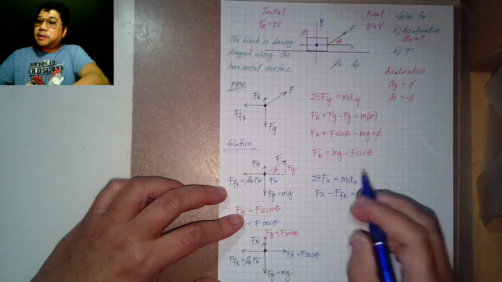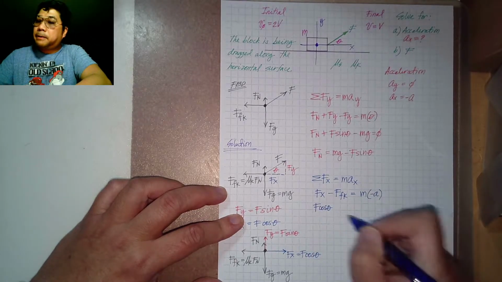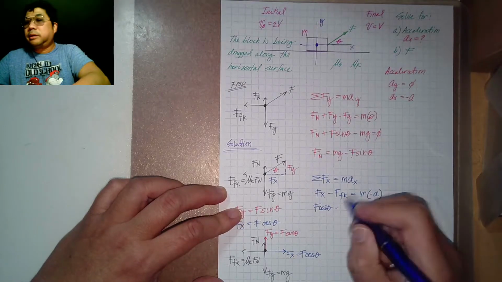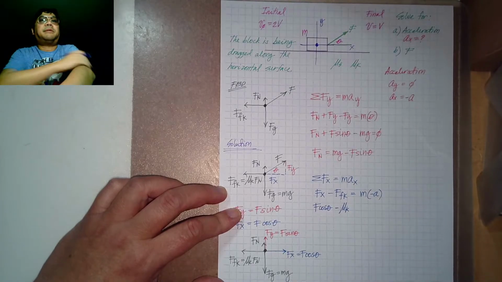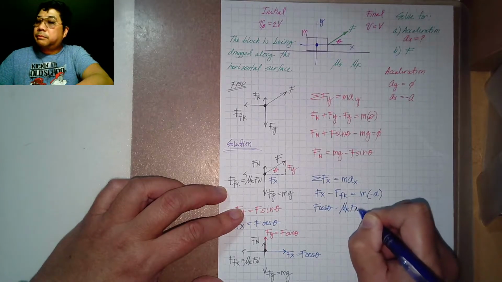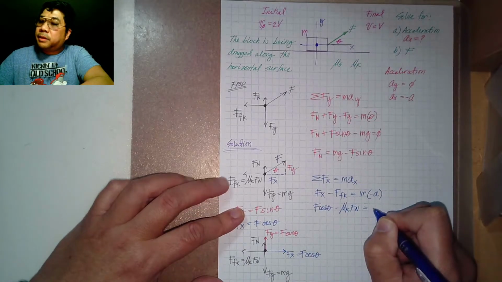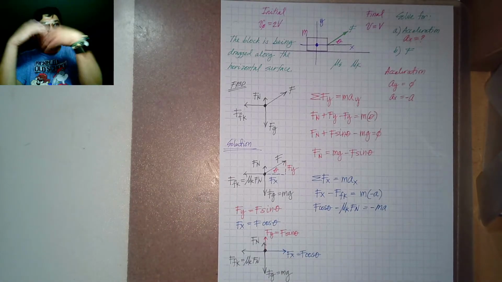F sub x is F cosine theta minus mu k times Fn, equals negative m times a. Oh, okay, so now it's negative.